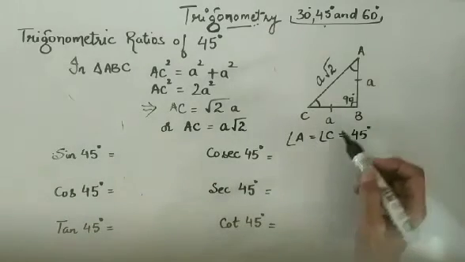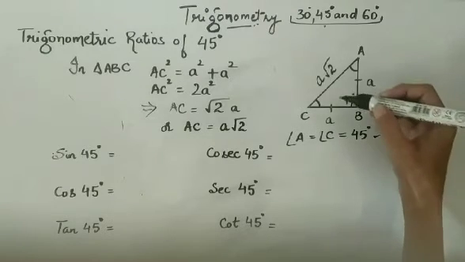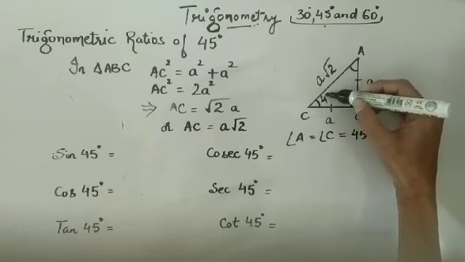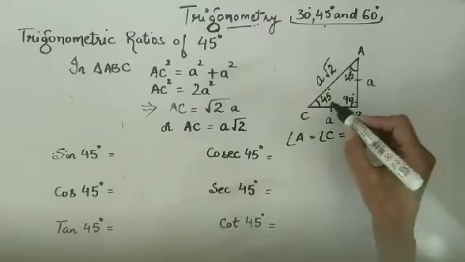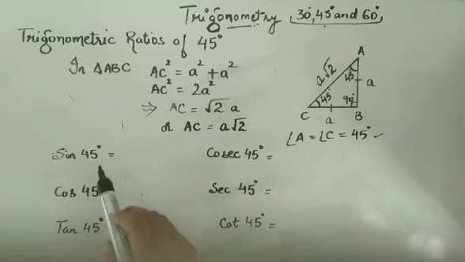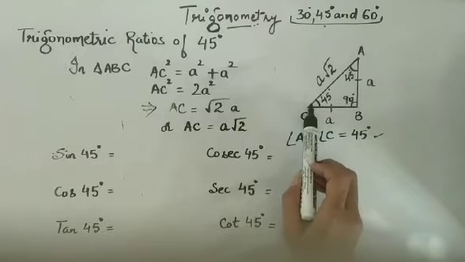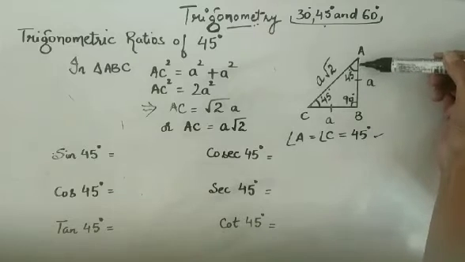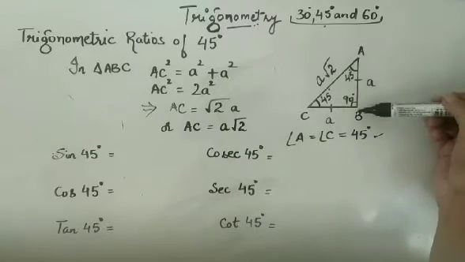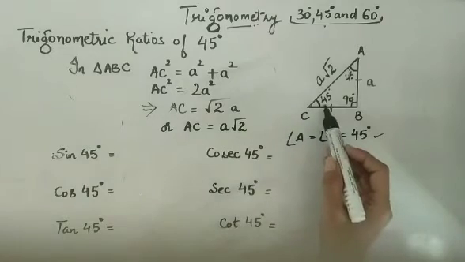Sine 45. Now we have found that angle C and A is 45 degree each. So when I say sine 45, either you take C as the vertex and BC would be base, or if you take A as vertex, AB would become base, but there would be no change, because these sides are equal. So sine 45, I'm taking this as base.